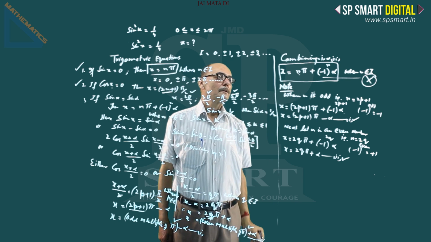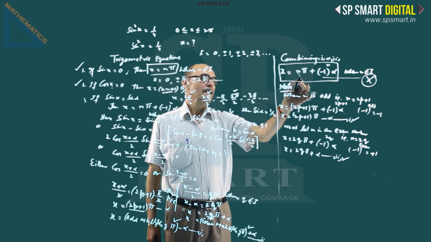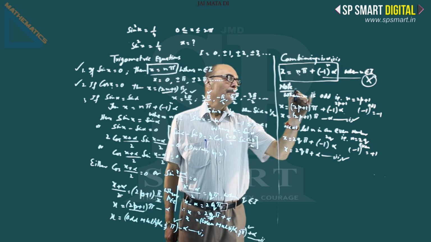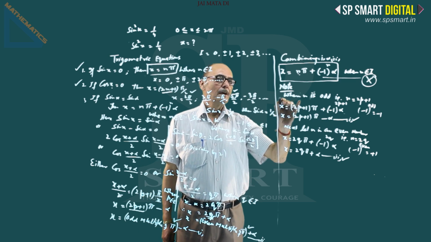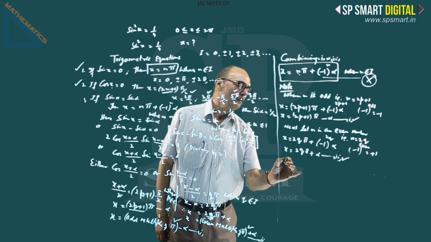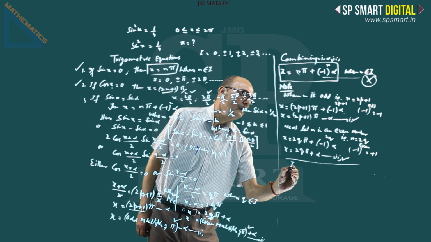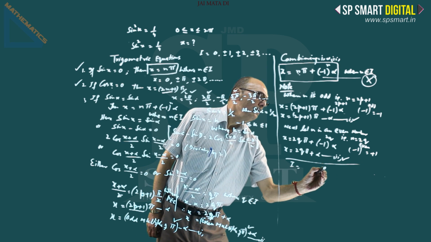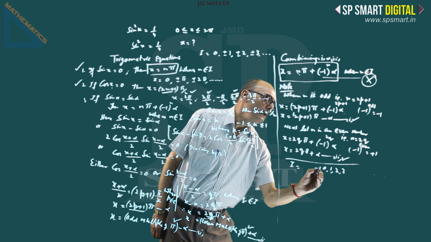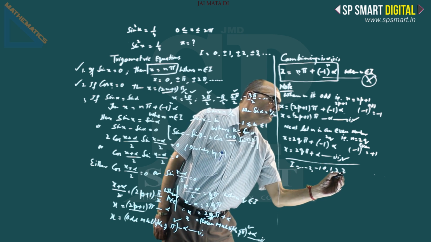Now, the practical utility of this formula I discussed in the initial stage: n is an integer, and you can substitute any integer, for example, integers are 0, 1, 2, 3, minus 1, minus 2, and so on.